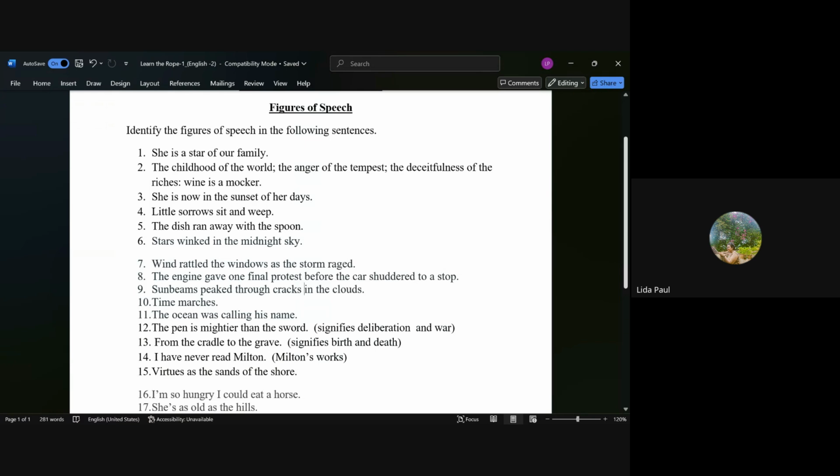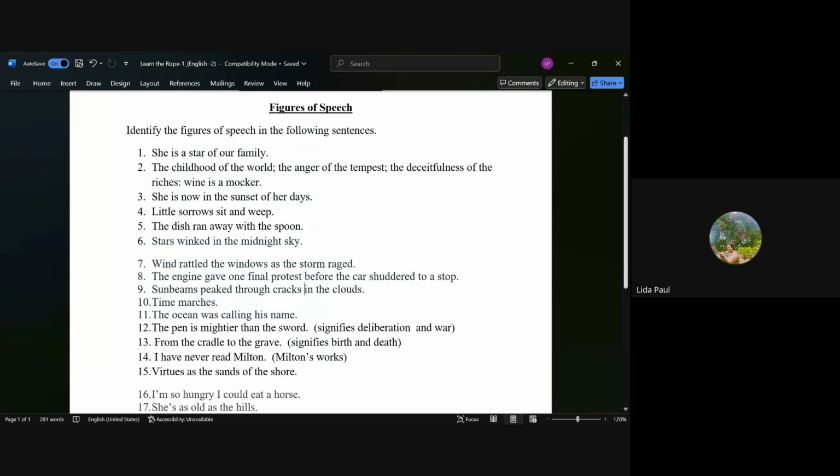Very straightforward. Identify the figures of speech in the following sentences, phrases, or statements that are given in the worksheet. So I think we have about 28 of them or so. So let's look at them one by one. You just need to tell me what figure of speech you think each of them contains, right?